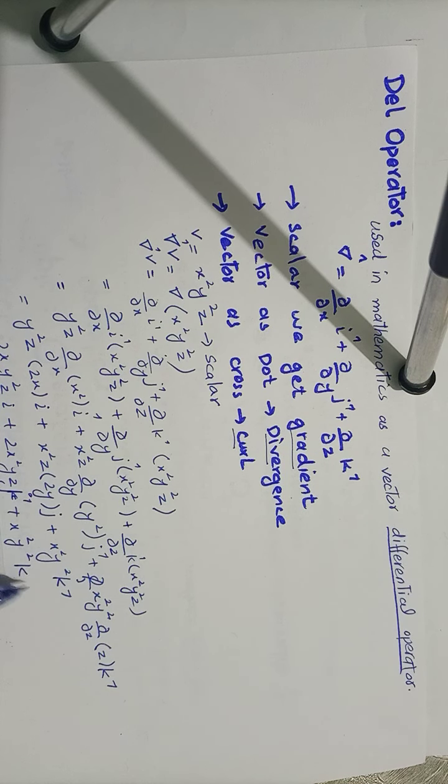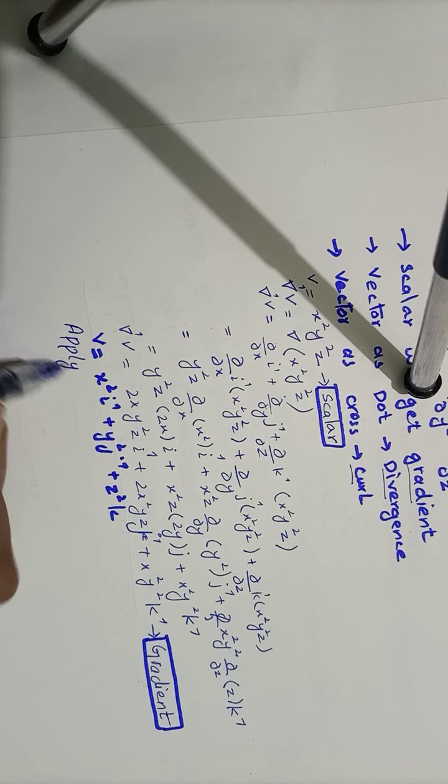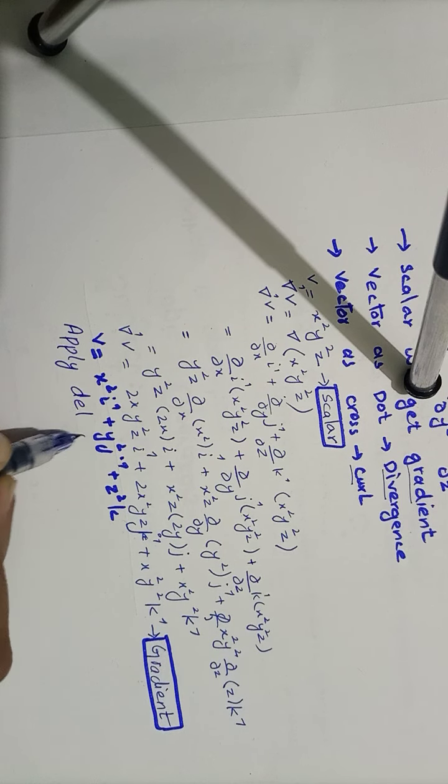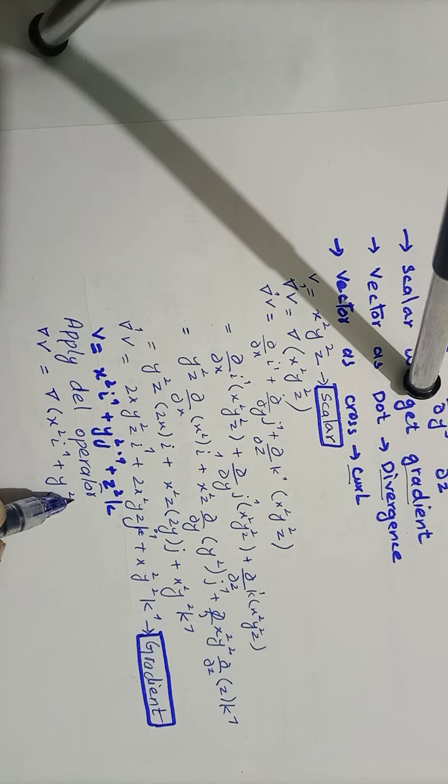Let v be a vector, and apply the del operator on it. Del dot v is equal to del dot (x squared i plus y squared j plus z squared k).